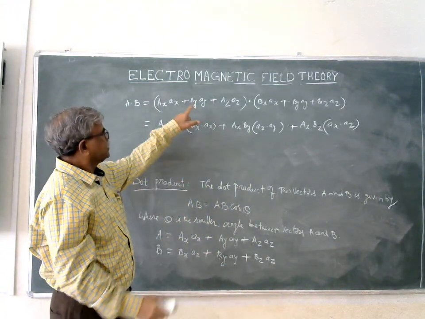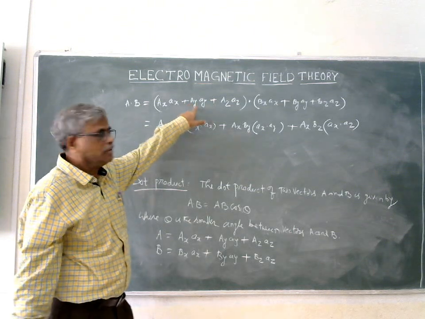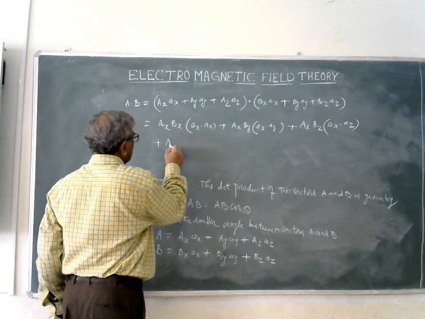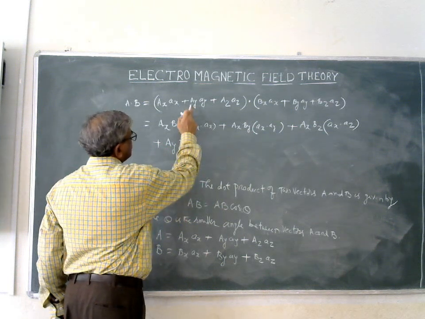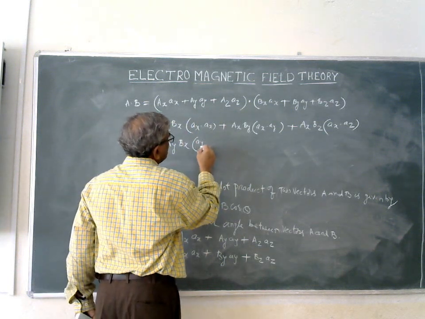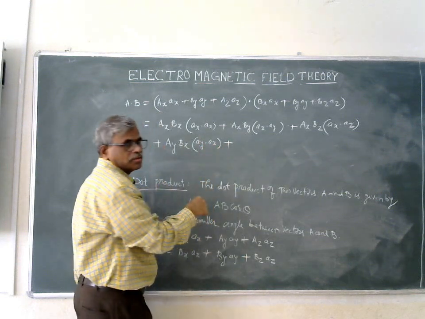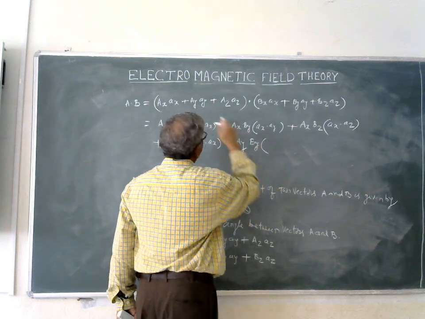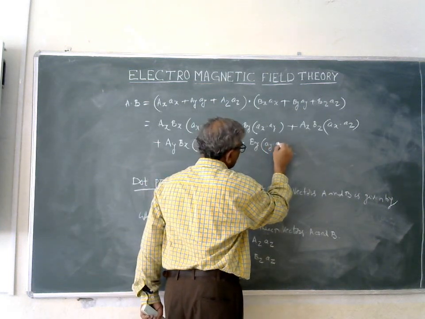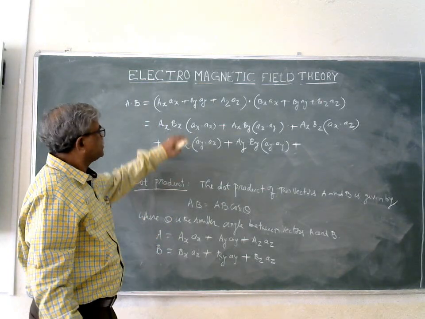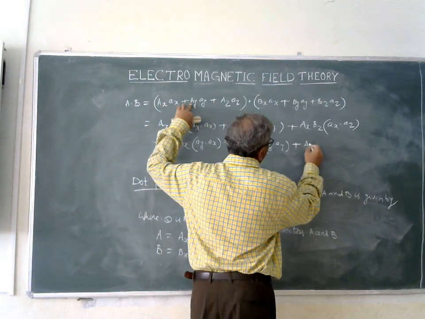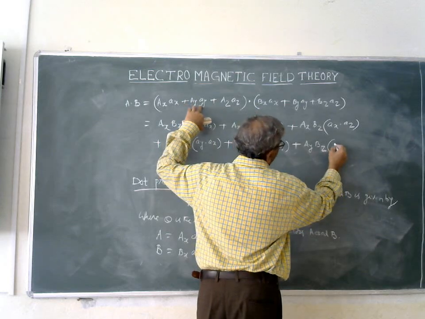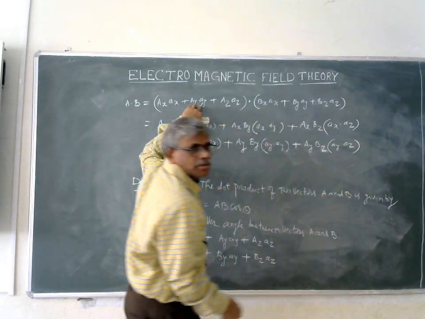plus this second term in the first vector into each term: Ay Bx into ay dot ax, plus Ay By into ay dot ay, plus Ay Bz into ay dot az.